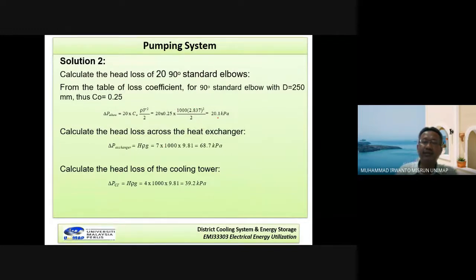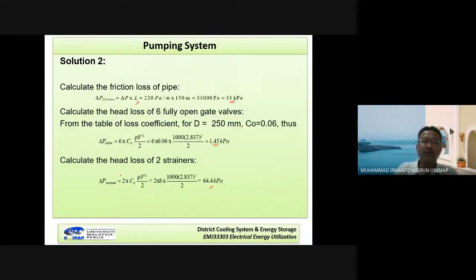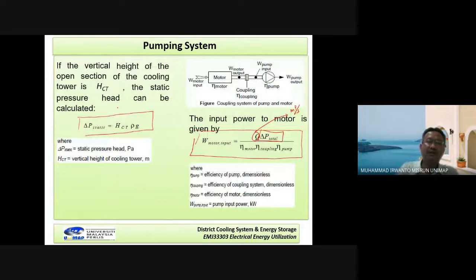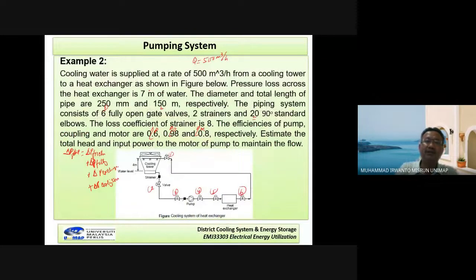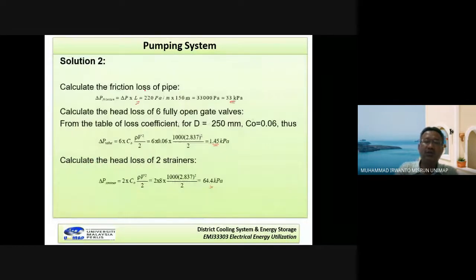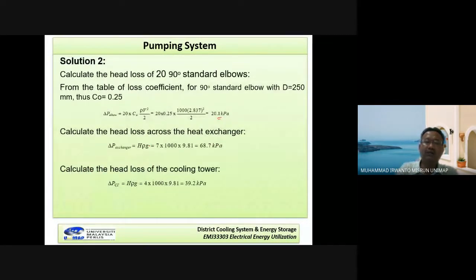And then for the exchanger and the cooling tower, we use this formula. The head for the exchanger is 7. So 7 multiplied by 1000 multiplied by gravity 9.81. We obtain 68.7 kPa.